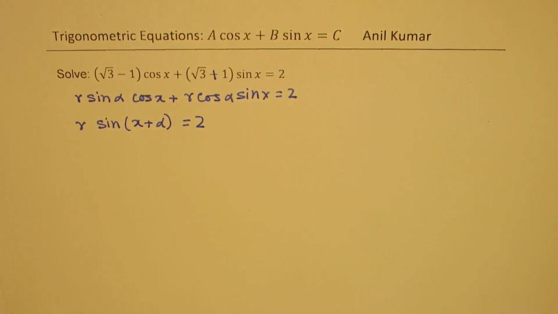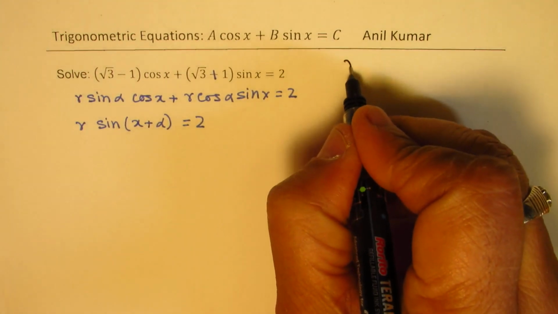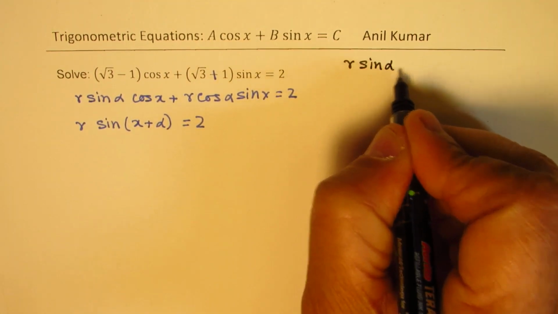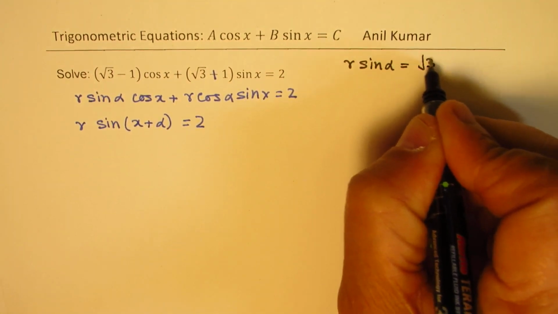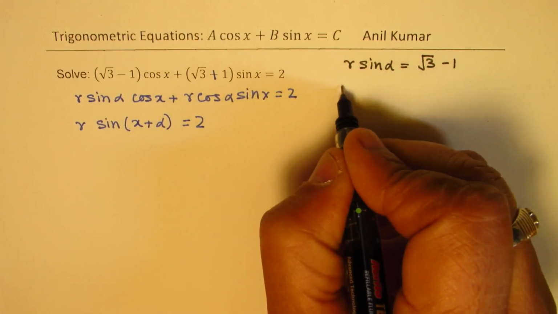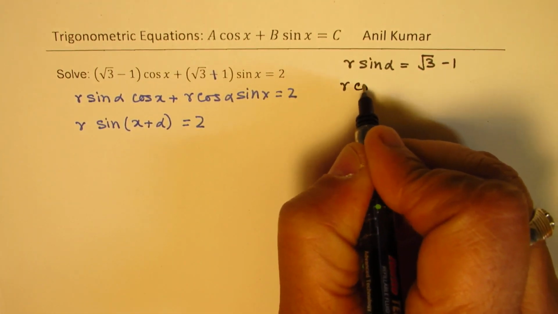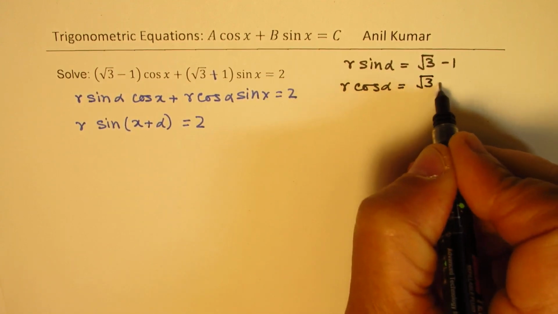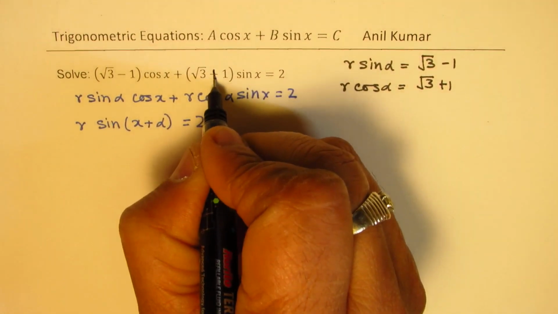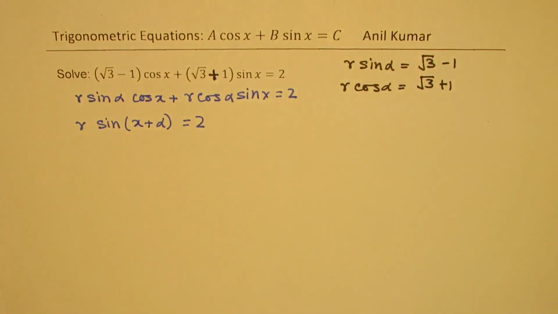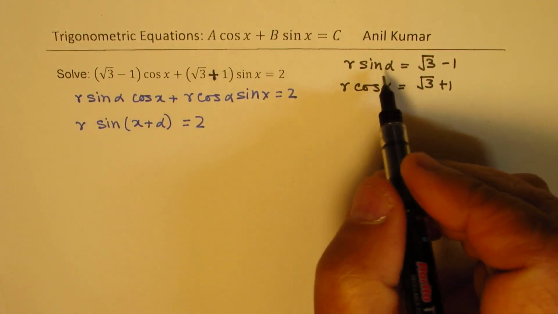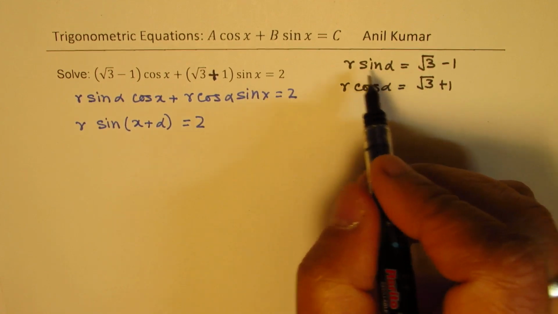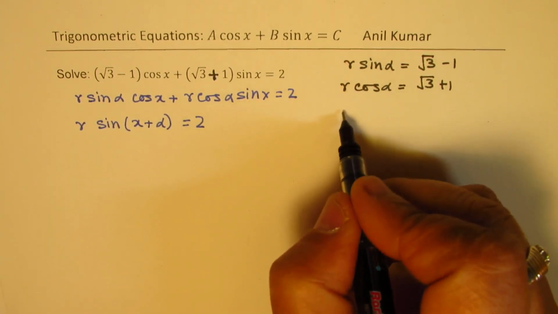Now that really means that we are going to write r sine alpha as equal to square root of 3 minus 1 and r cos alpha as equal to square root of 3 plus 1, right? There was a typing error, I made it plus 1. Now clearly from here we get the value of r.